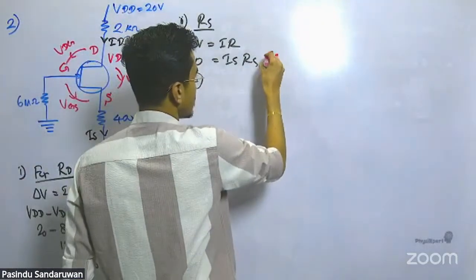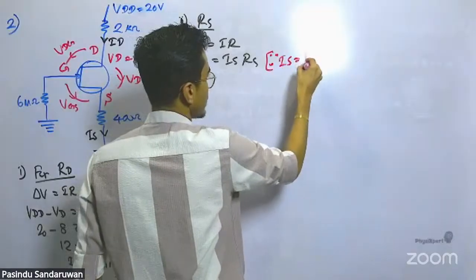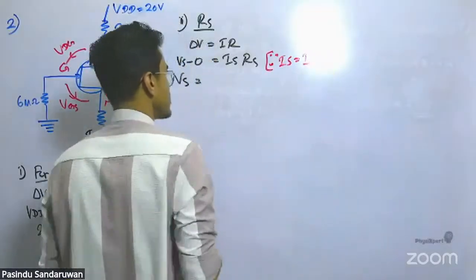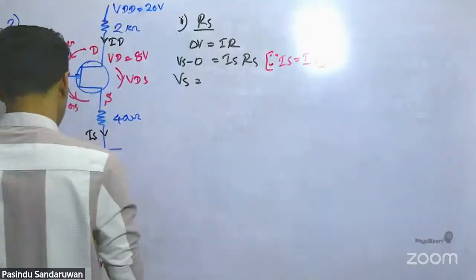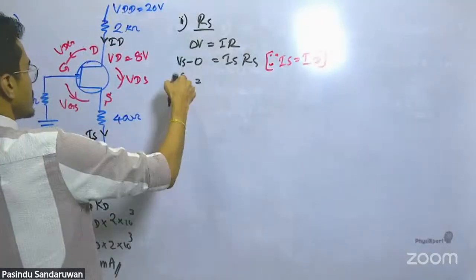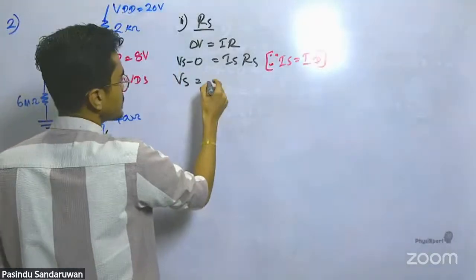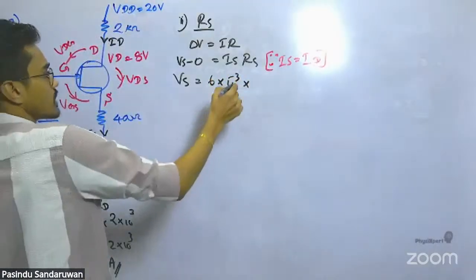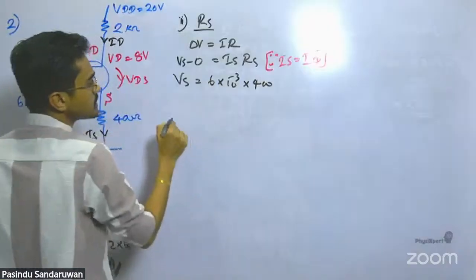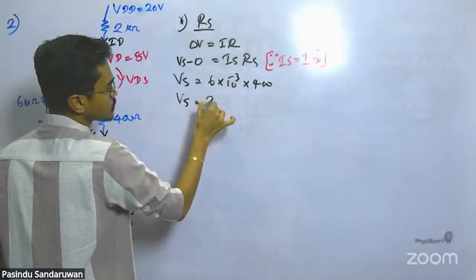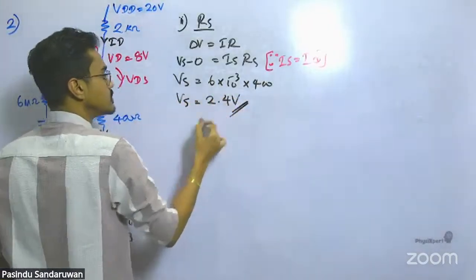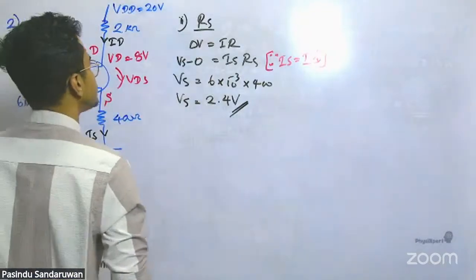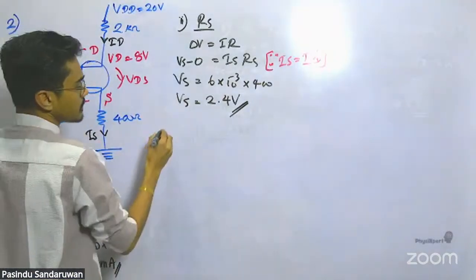Then IS equals ID, and ID is 6 milliamperes, 6 times 10 to the minus 3. RS is 400. Then VS equals 2.4 volts. Right? Number 3.